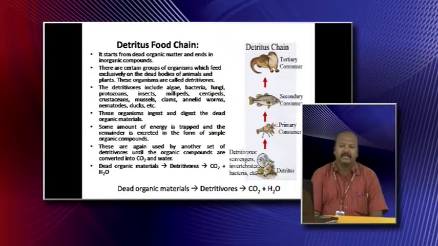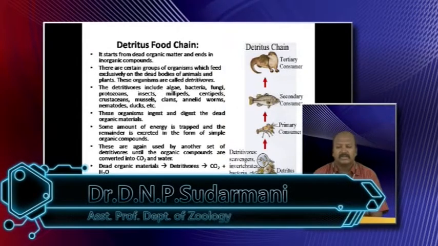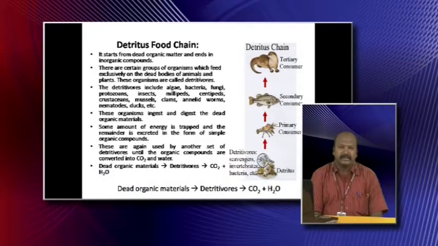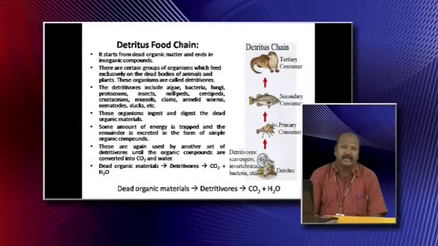These detritivores include algae, bacteria, fungi, protozoans, insects, millipedes, and so on, and also some birds like ducks and crows. These organisms ingest and digest the dead organic matter, and some amount of energy is trapped. They absorb the energy from the dead bodies and trap the energy in their body.